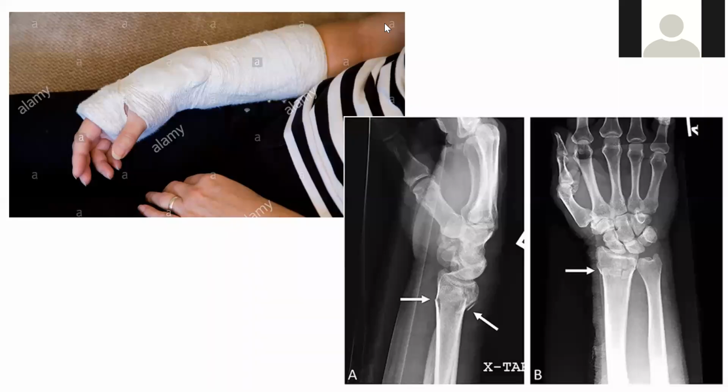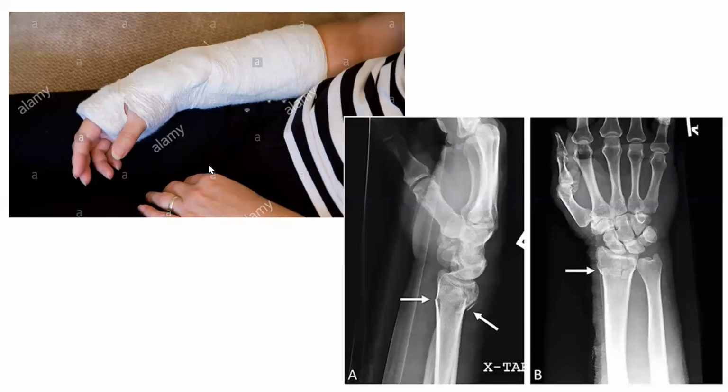Yes, sir. So can you describe this? There are two X-rays. In X-ray A, it's the lateral view of the forearm, including the wrist joint and the distal forearm bones, radius and ulna, and including the metatarsal bones and the carpal bones.